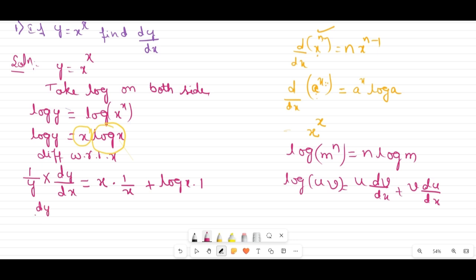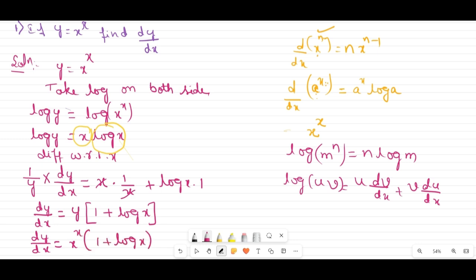We want finally dy by dx, so I am taking y to the right hand side. y into, x gets cancelled, 1 plus log x into 1, it is log x. Finally, you must substitute the y value. y is x power x, so dy by dx is x power x into 1 plus log x.